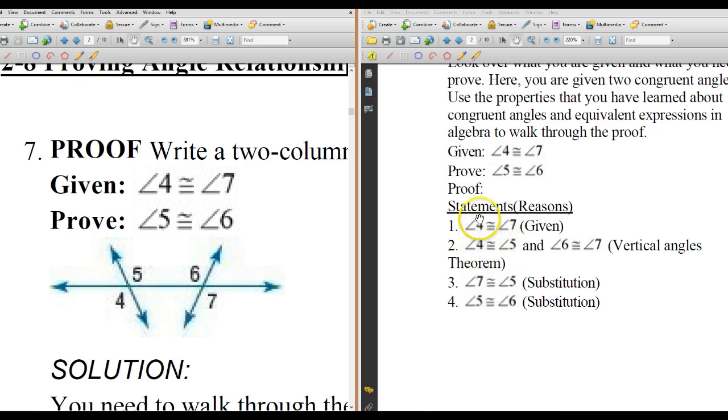So if I take 4 out of this statement and put 5 in its place, now I have that 7 and 5 are congruent. And then I'm going to use substitution one more time. So I know that 6 and 7 are congruent. So in the next step, I'm going to take 7 out and put 6 in its place, showing that 5 and 6 are congruent angles.